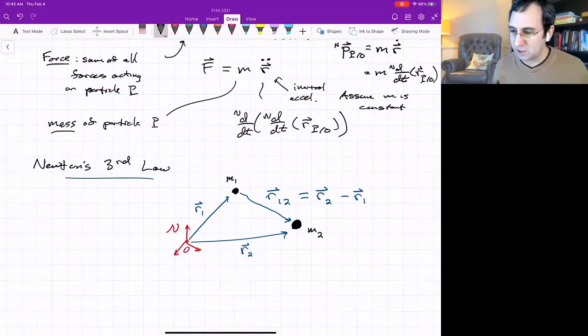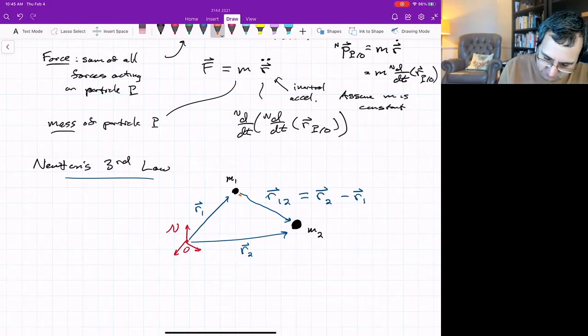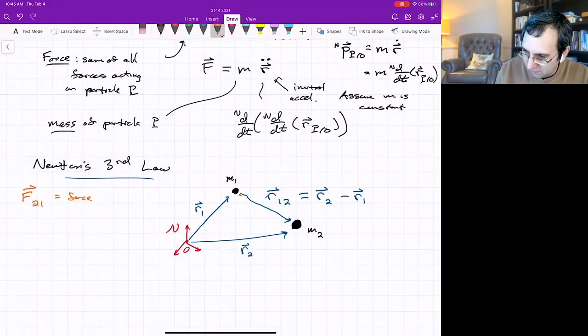That third law says that if a mass M1 is exerting a force on particle or mass M2, we'll call that force F21, the force on M2 due to M1, which means it's over here.